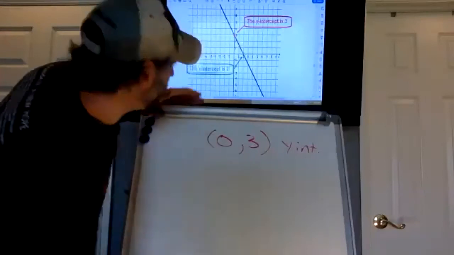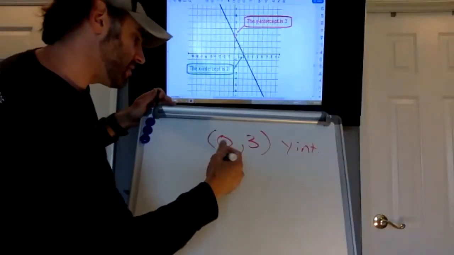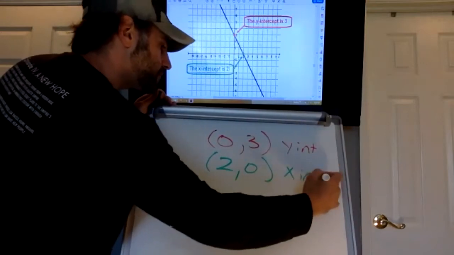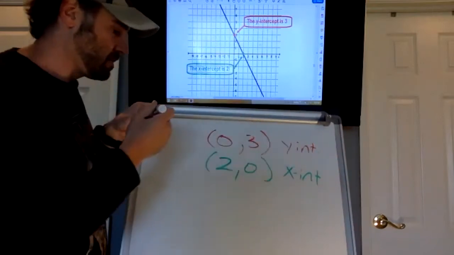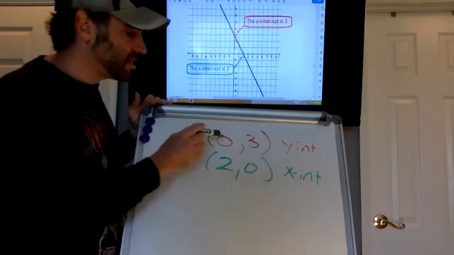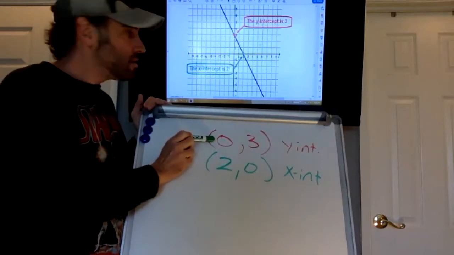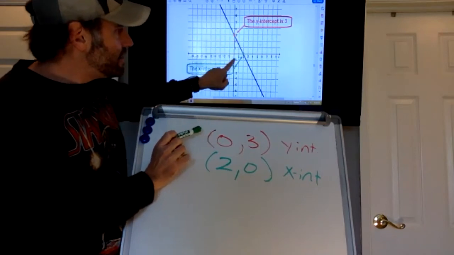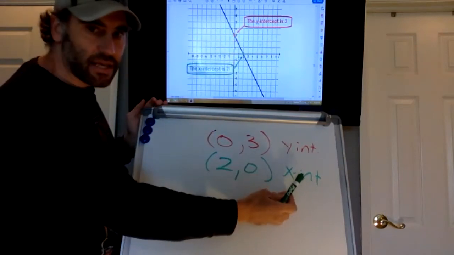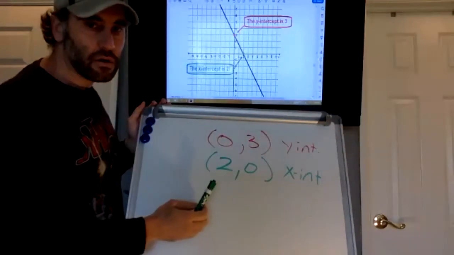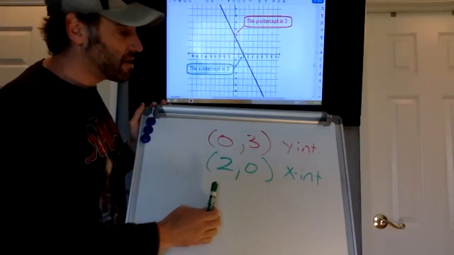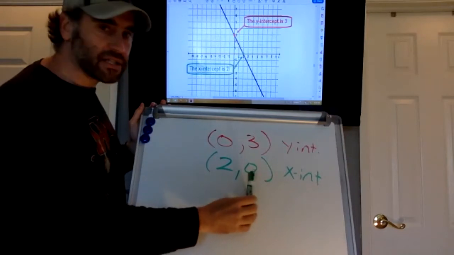For the green one, it was at 2, 0, and that's the x-intercept. For the x-intercept, it's the other way around. Which coordinate is 0 when you're on the x-axis? The y, when the y is 0.